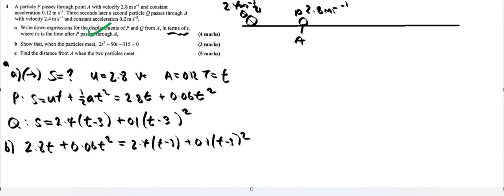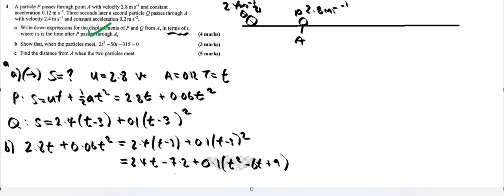Okay, now I've got to try and simplify that equation. So first thing, let's expand this out. So 2.4t minus 7.2 plus 0.06 times t squared minus 6t plus 9.